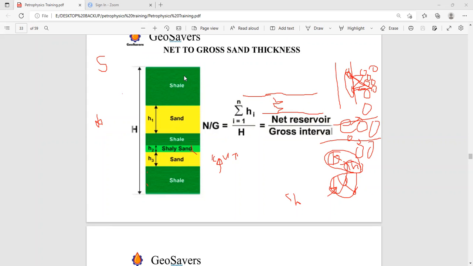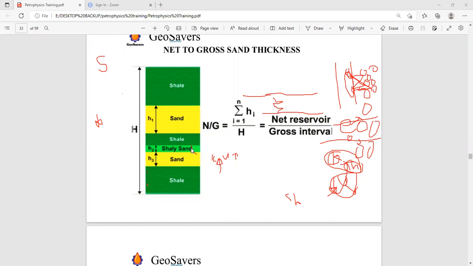You now realize that this part of it is not a reservoir, this part is not a reservoir, and this part is not a reservoir. So we are going to take what we call the net reservoir, what is actually a reservoir within that interval that I've chosen as my reservoir. So this height, which we call H1 plus H2 plus, even though this is a shaly sand, you may consider it as a reservoir depending on the cutoff of that particular area.